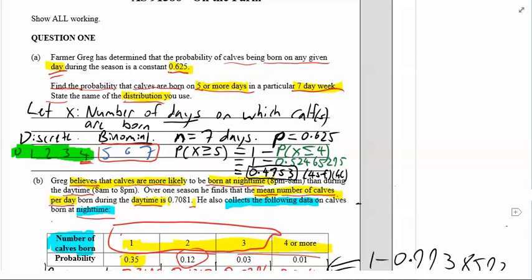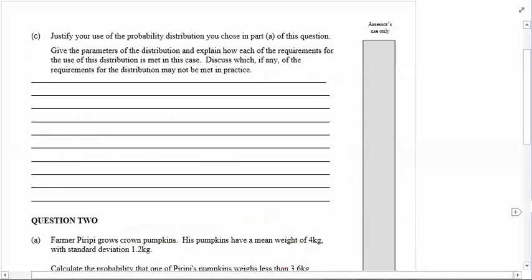Okay, so I'm now assuming that you're clear on that question and that you know where the 0.4753 came from. So now back to the next page, question C. Justify your choice of probability distribution. So we've got a verb straight away, a doing word, and that you've chosen in part A of this question.